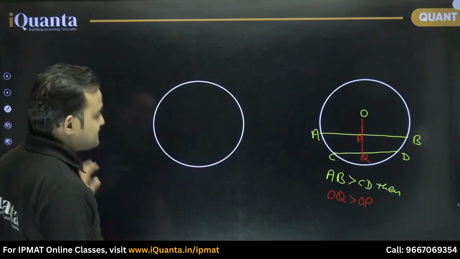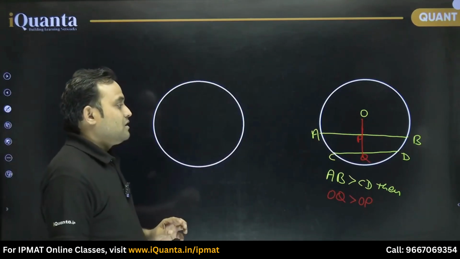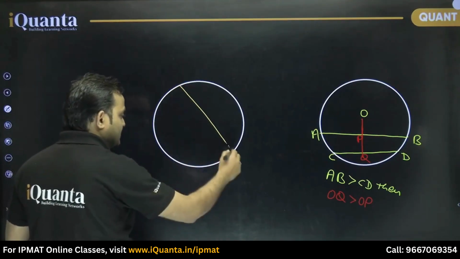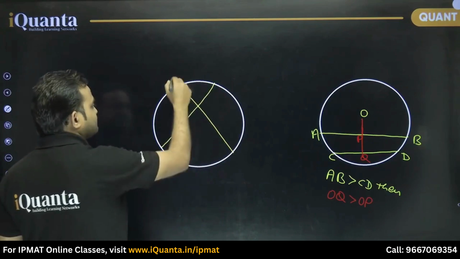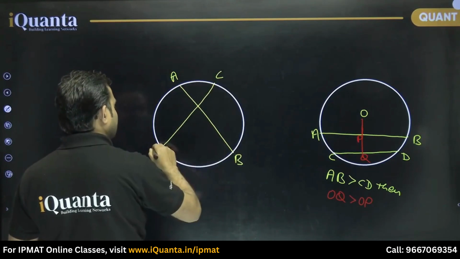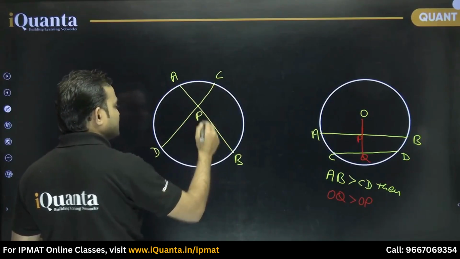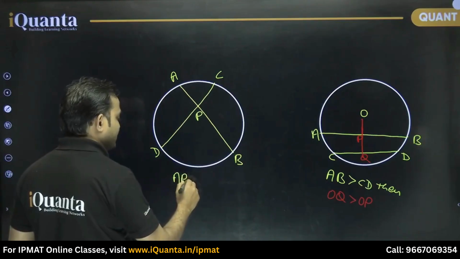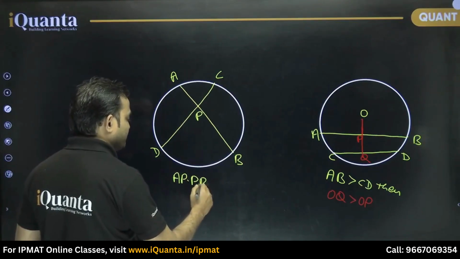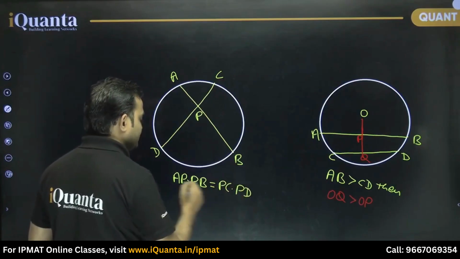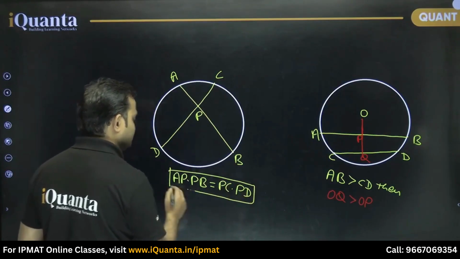Now then comes the intersection of chords. If we talk about the intersection of two chords, something like this, chord AB and chord CD, let's say these two chords intersect at P. What we can say is that AP times PB is equal to PC times PD. Okay.